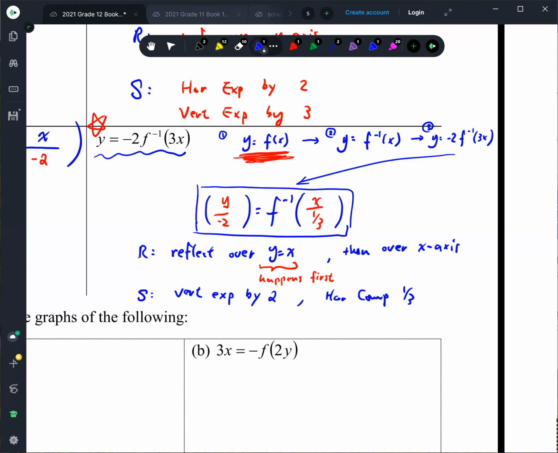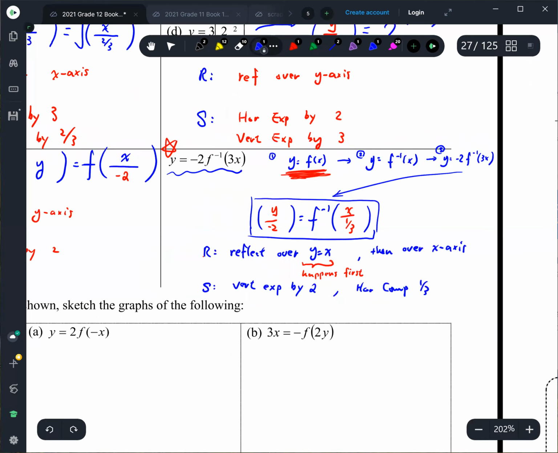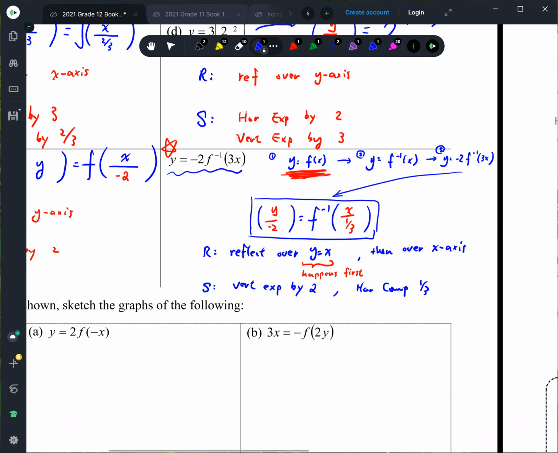Are we good about the inverse? Okay, can you raise your hand if you're ready to move on to the next one? Okay, once you finish writing this down, you can raise your hand.